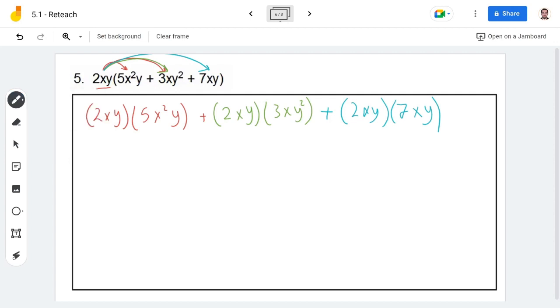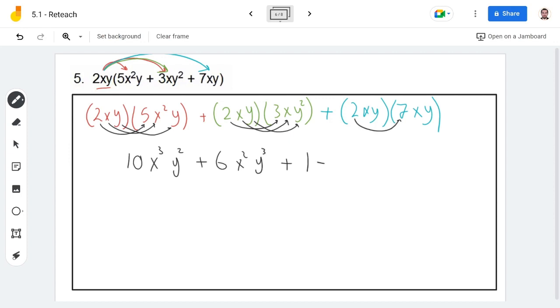So to simplify this one, 2 times 5 is equal to 10. x times x squared is x cubed, y times y is y squared, plus 2 times 3 is equal to 6, x times x squared, then y times y squared, y to the power of 3, plus, same thing here, 2 times 7 is 14, x times x is x squared, then the last one, y times y is y squared.